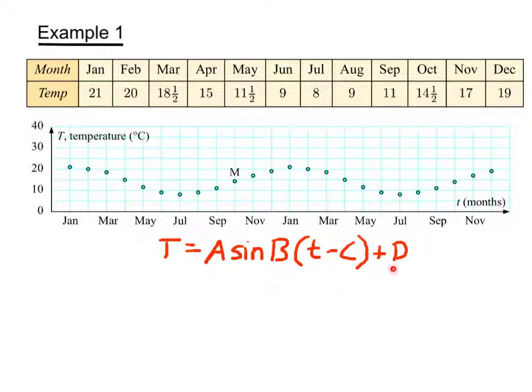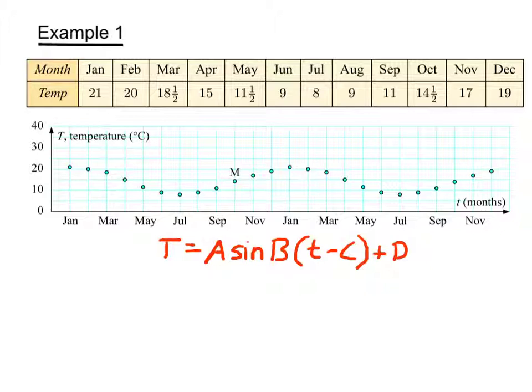Otherwise the equation is exactly the same. So if I can find A, B, C, and D, I have my model. And then I can take that equation and plot it on top of the graph and see how closely it fits. So I need to find A, B, C, and D.